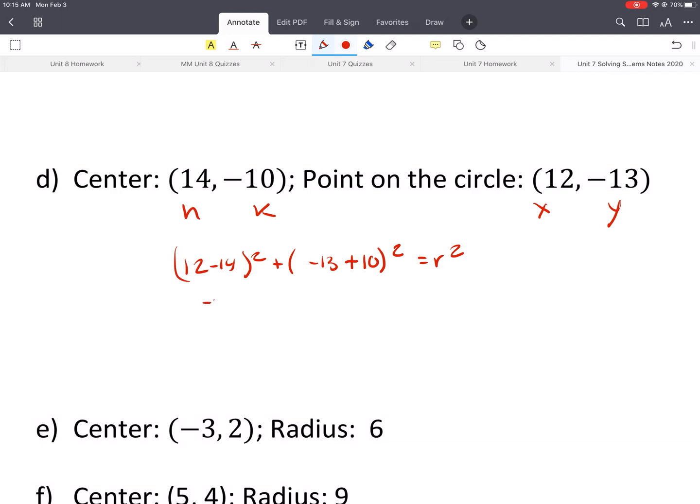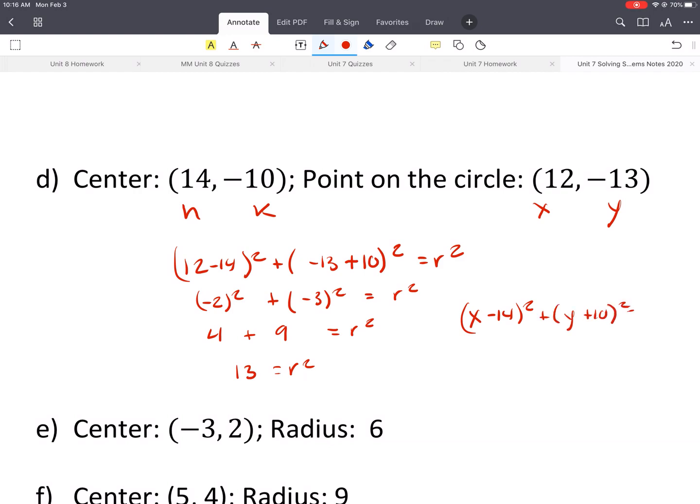So here we got negative 2 squared plus negative 3 squared equals the radius squared. So 4 plus 9 is the radius squared, or 13. We'll plug everything in except for the x and y, so we'll have x minus 14 squared plus y plus 10 squared is equal to 13.